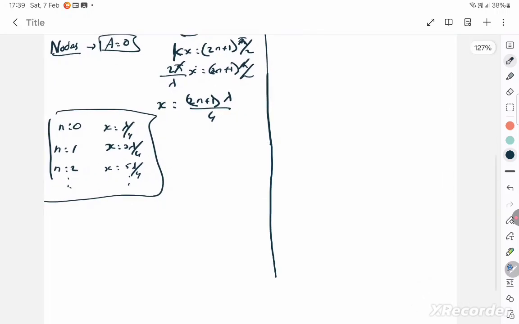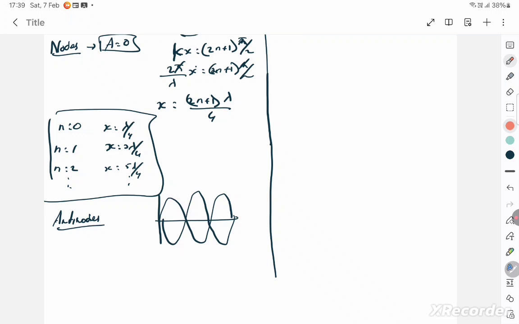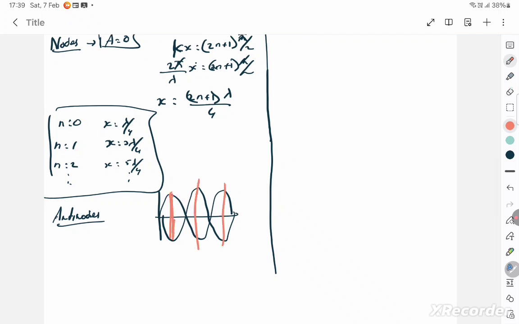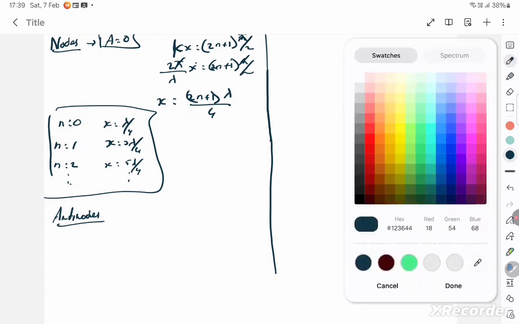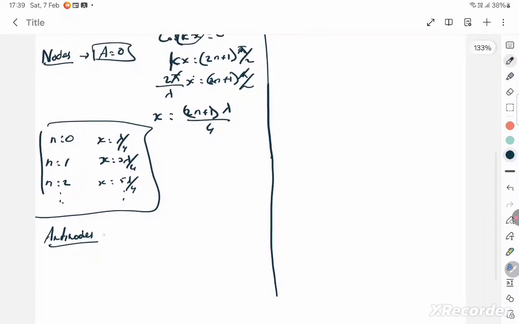Then let's look at antinodes. Antinodes are the points in the stationary wave where the magnitude of the amplitude is maximum. So you understand what an antinode stands for, and for that the amplitude 2a cos kx has to be maximum.